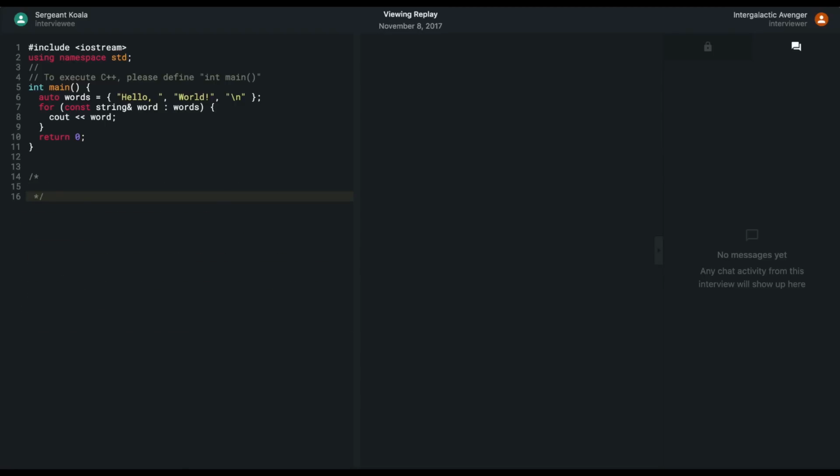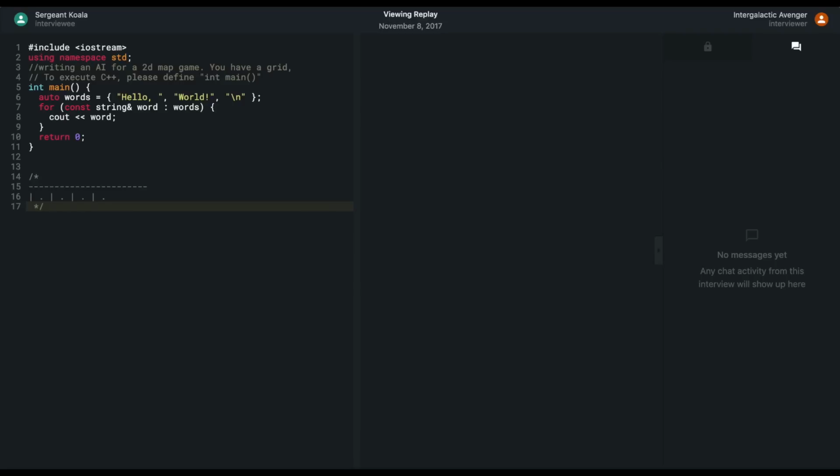The idea is you're writing an AI for some kind of 2D map game where you have a grid, and I'm just going to draw out the grid here.